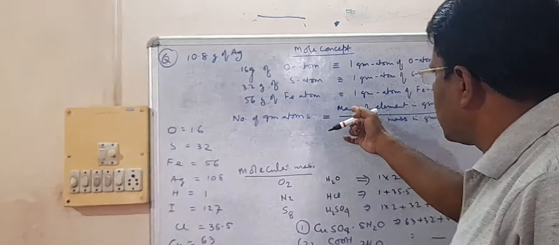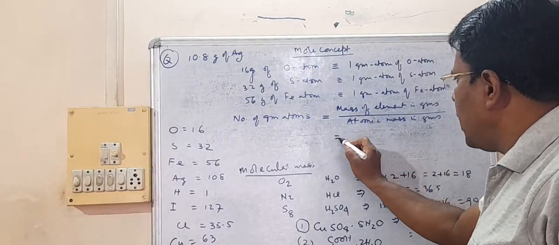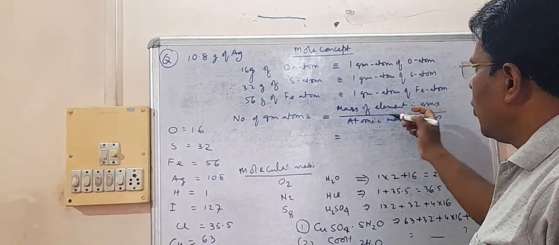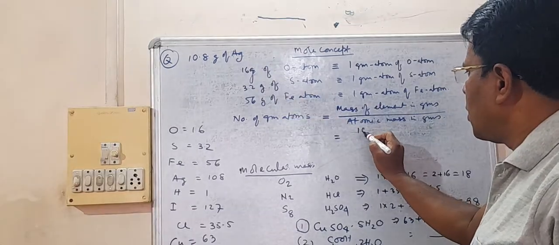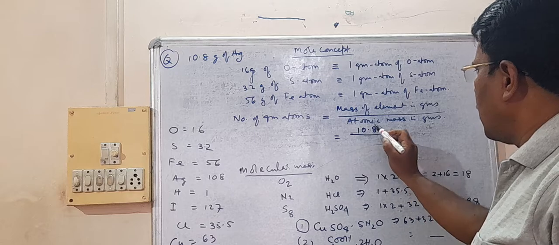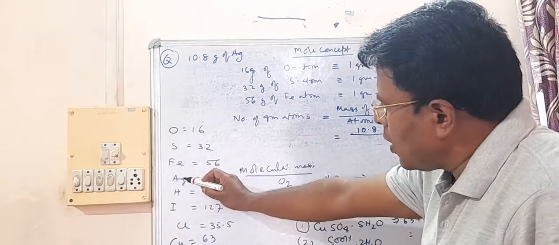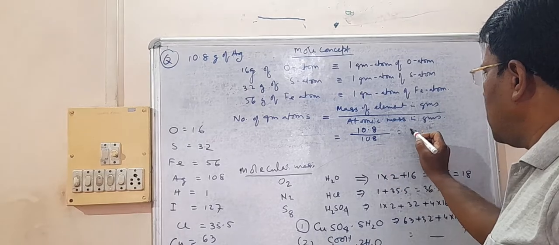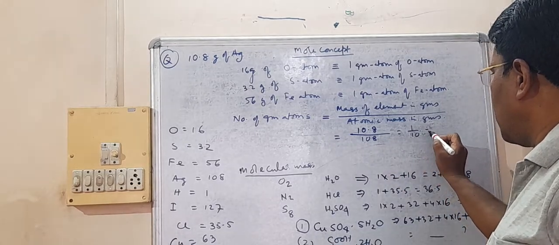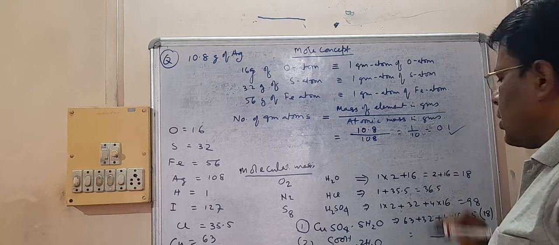So you will use this relation and your answer will be like this. After writing this relation, you will write what is the mass of element in grams, 10.8, and what is the atomic mass in grams? Atomic mass of silver is 108. So it will be 1 by 10, that is 0.1 is the answer.